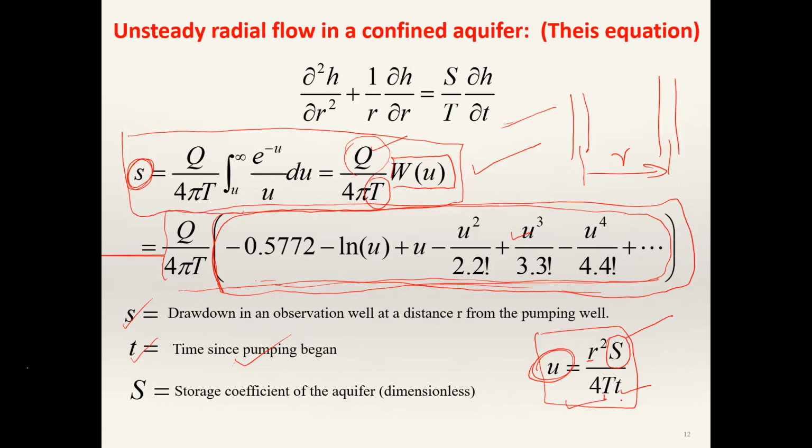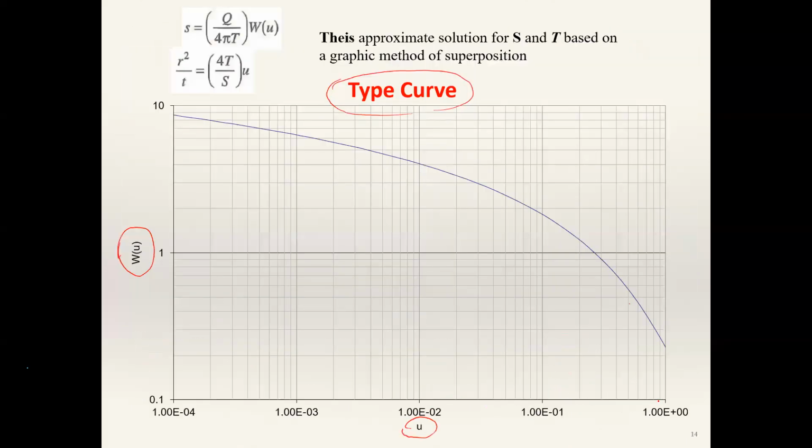What are they? This is the first equation. Drawdown is equal to Q over 4 pi T multiplied by the well function. The second equation is the equation for this u in terms of the aquifer properties. So these are these 2 equations, just written in a different form. Right?